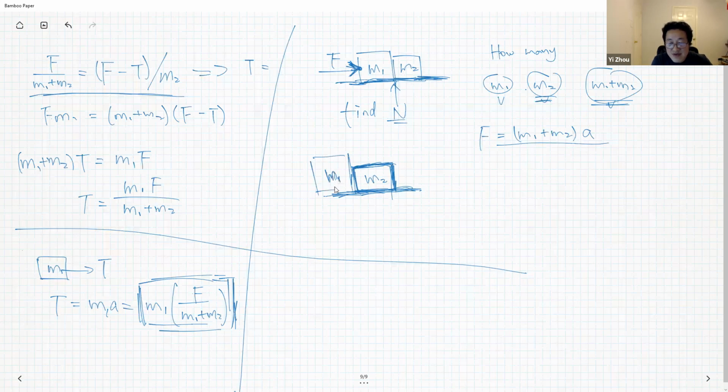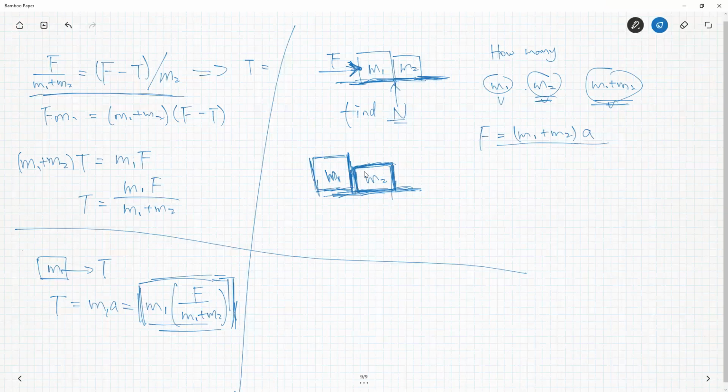If M1 is the source, M2 is the target. There's a force between their surfaces, perpendicular to the surface. Normal. Right. So there's a normal force pushing M2 to the right, and a normal force pushing M1 to the left.